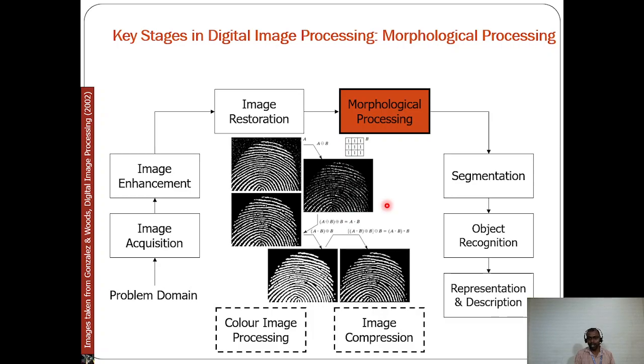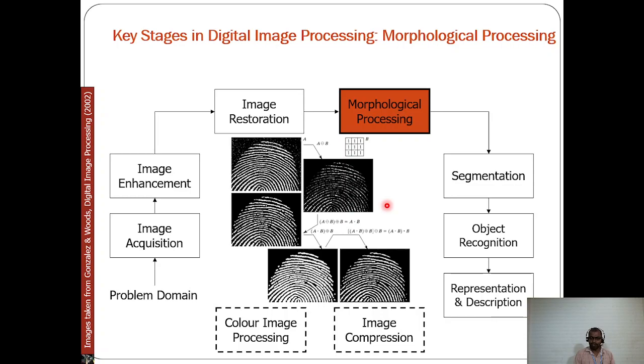The next step is morphological processing. Here we can apply all the morphological operations: logical operations, arithmetic operations, and set operations. The main aim of morphological image processing is to extract some elements from the particular image.